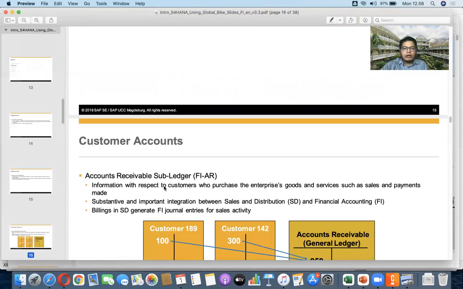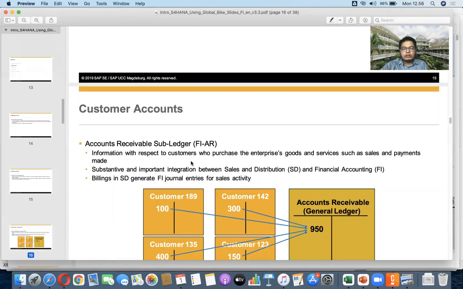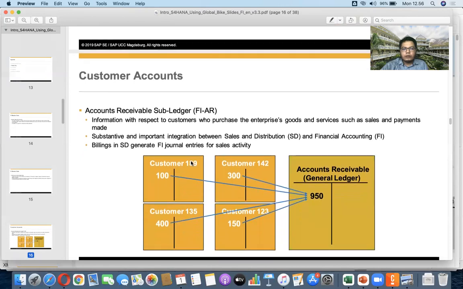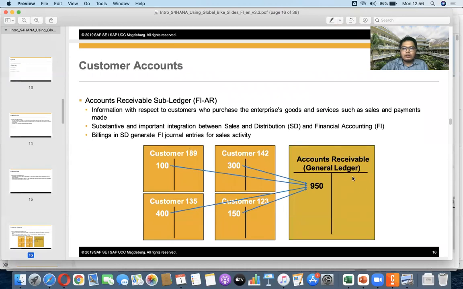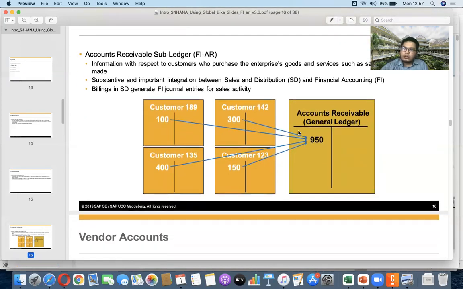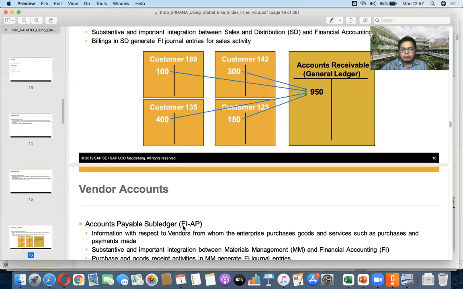For the customer account, the general ledger itself is the main database, the main master data. However, it can also be subdivided into an account receivable subledger and an account payable subledger.